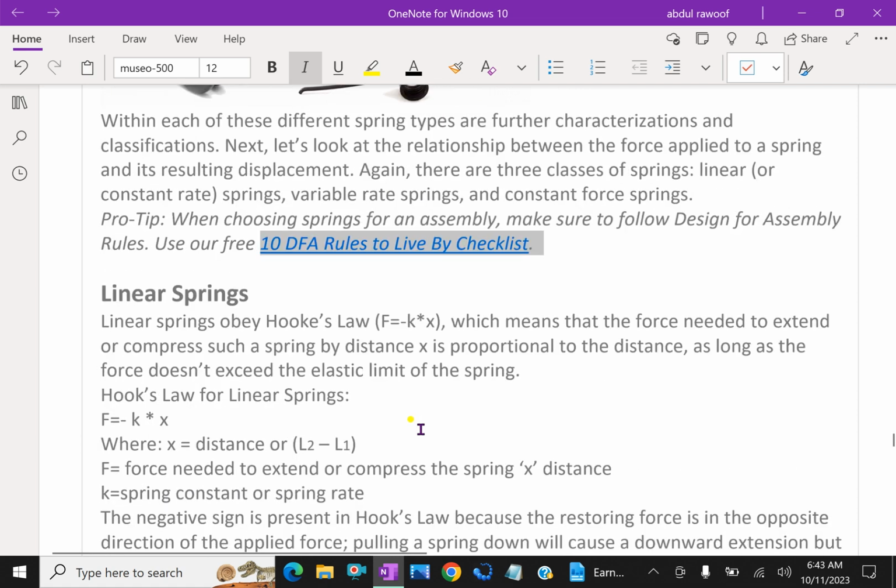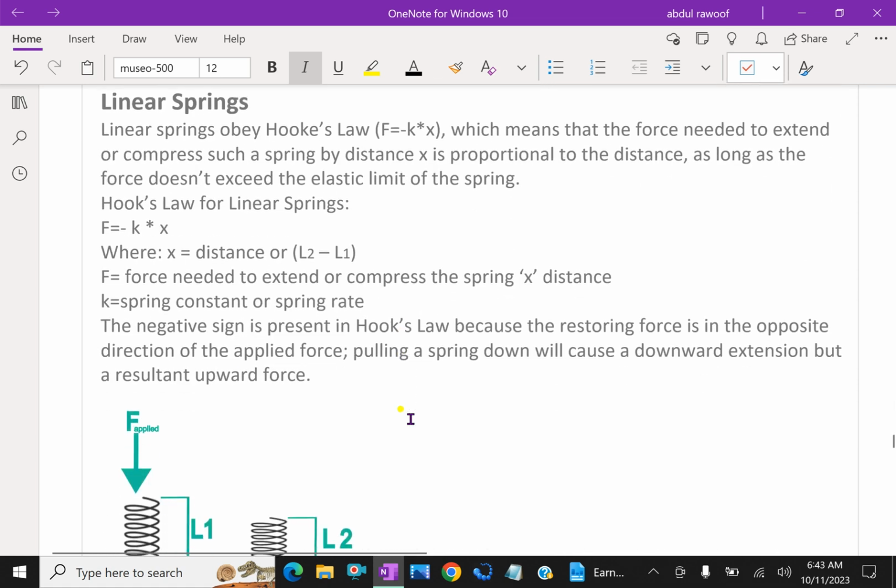Now, linear springs. Linear springs obey Hooke's law, that is F equal to minus kx, which means that the force needed to extend or compress such a spring by distance x is proportional to the distance, as long as the force does not exceed the elastic limit of the spring.